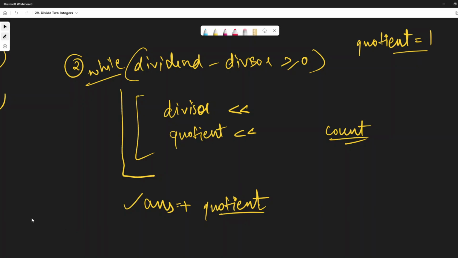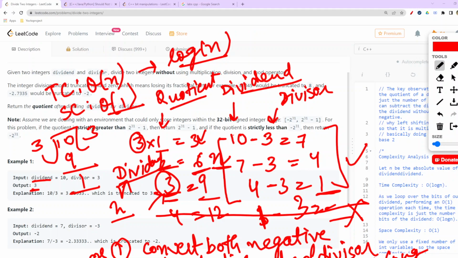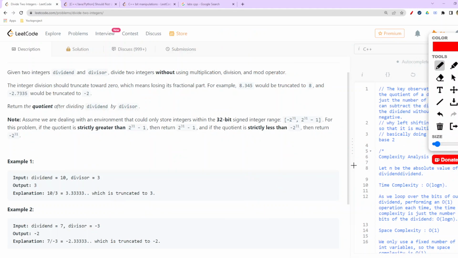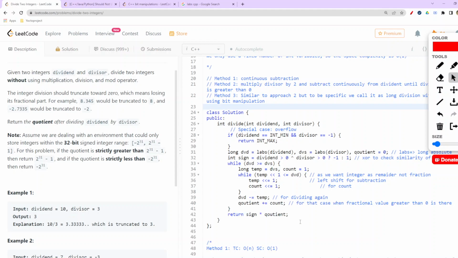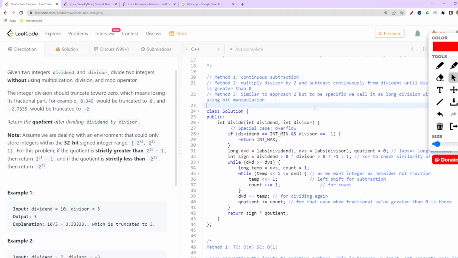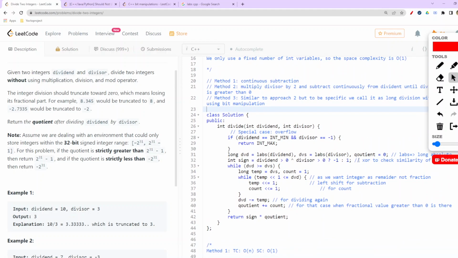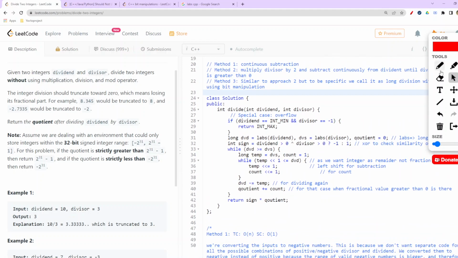So let me walk you through our code so it could be much clearer, because I can't code everything here. This is our method, and this is that special condition.